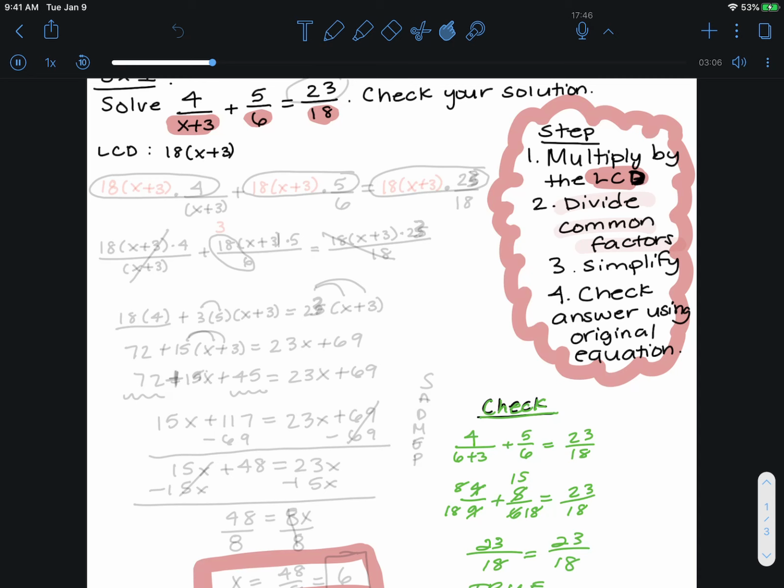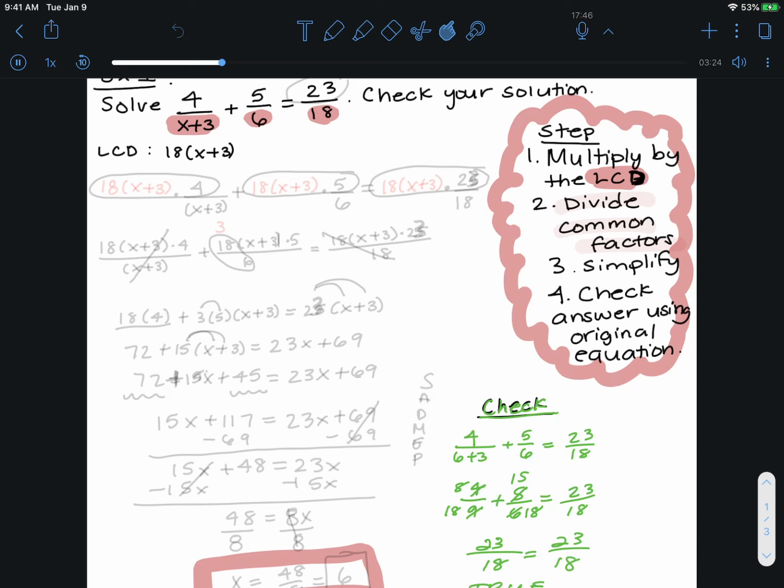I would rather stick with the 18 instead of the 6, or multiplying them together, because they're divisible by each other. And then the x plus 3, because we obviously need an x plus 3 in the other fractions.